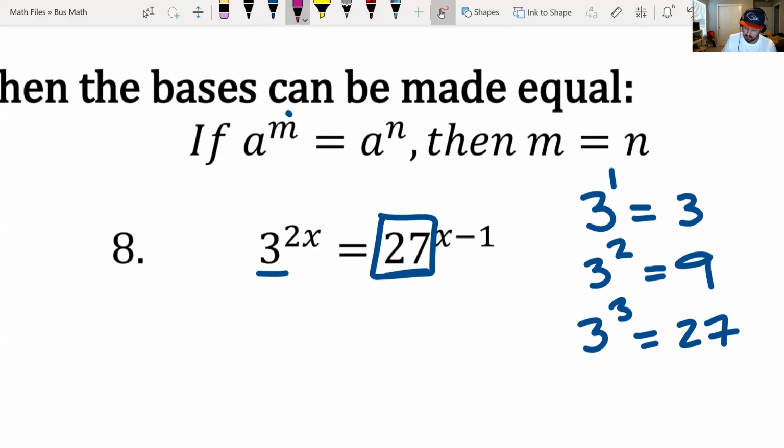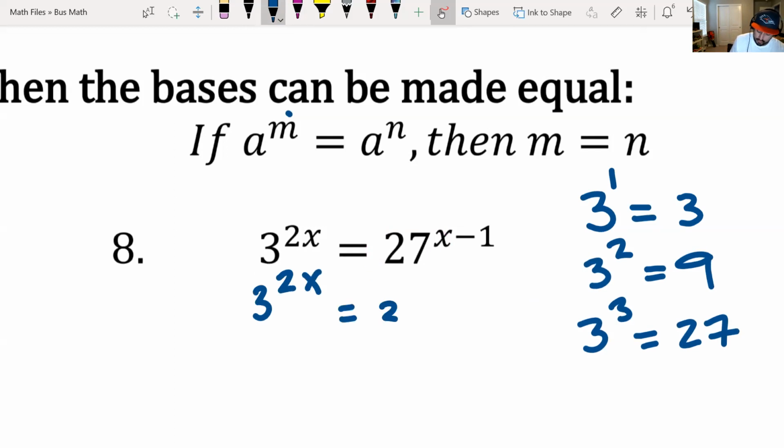This means that we can rewrite this 27 as 3 to the third. So that's what we're going to do. I will rewrite this as 3 to the 2x equal to 3 to the third.